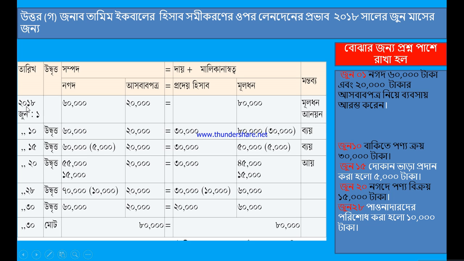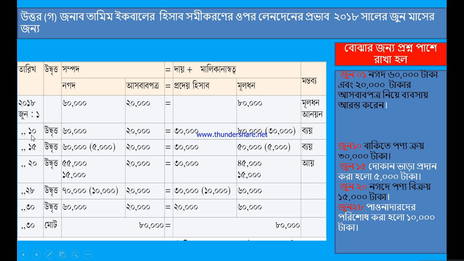Transaction number 1 on June 1st, 2018. Cash has increased 60,000 and furniture also increased 20,000. And 80, so these assets have increased, and side by side capital also increased. So if you bring any assets and start your business, it will be treated as capital.